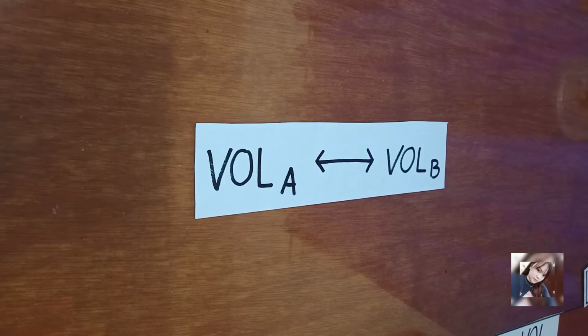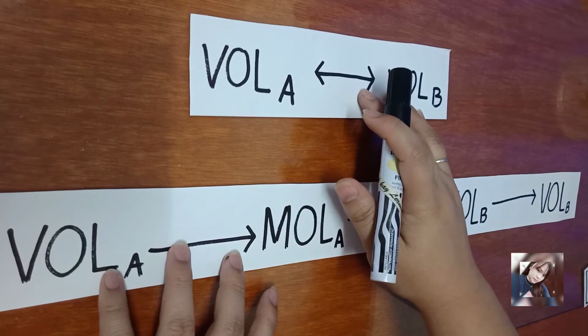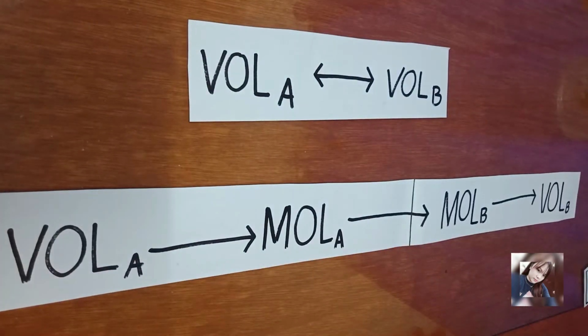The first conversion that we could have under solution stoichiometry is the volume to volume conversion, and this could be expanded through this equation. In converting volume of a particular substance to another substance, we have to convert the volume of the given substance to the mole of that substance using the molarity.